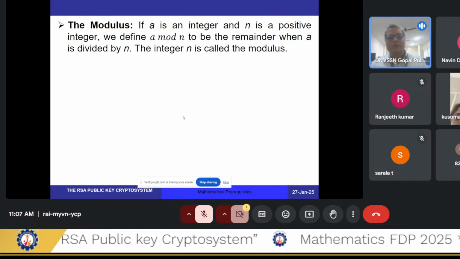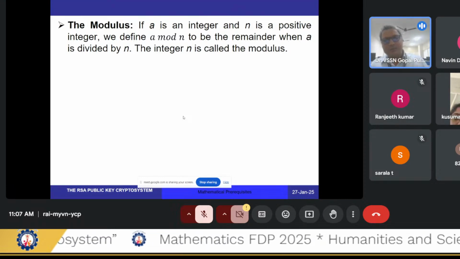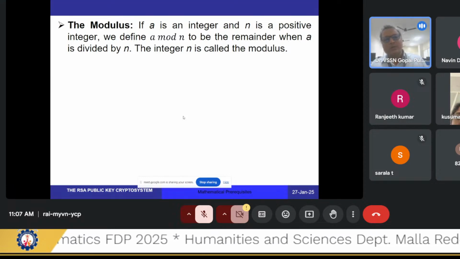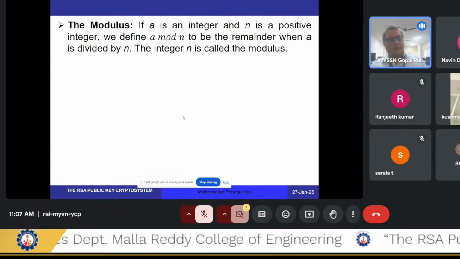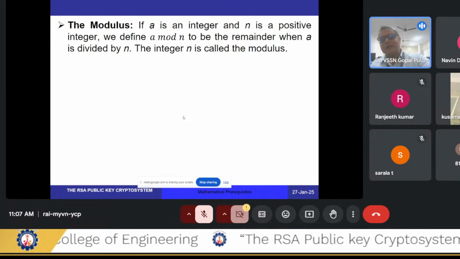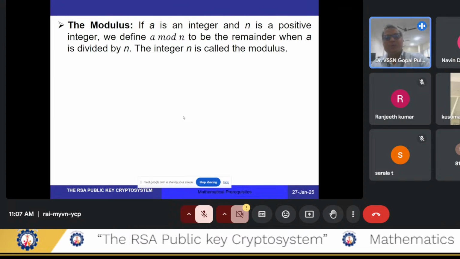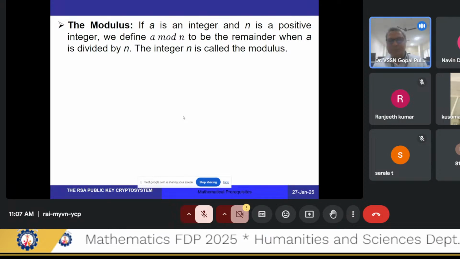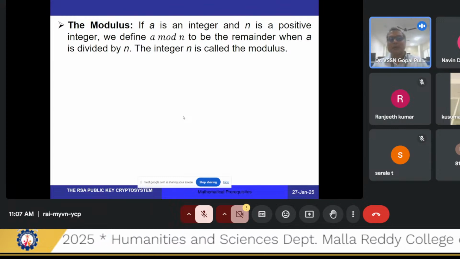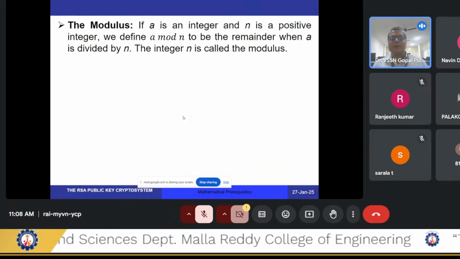So let us move on to the next definition, the so-called modulus. Suppose a is some integer and n a positive integer. We define a mod n. By a mod n we mean the remainder obtained whenever we divide a by n.